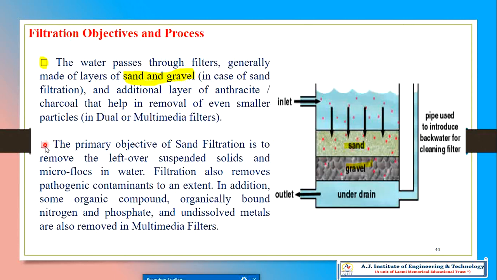Filtration also removes, as I told already, pathogenic contaminants to some extent. We cannot say almost all the bacteria. To some extent, filtration also removes organic compounds, organically bound nitrogen and phosphates, and undissolved metals in a multimedia filter.